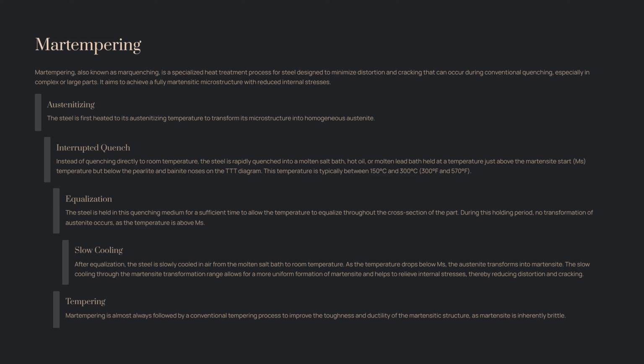Process: austenitizing, interrupted quench to a temperature just above Ms, equalization, slow cooling to room temperature, followed by tempering. Microstructure: martensite. Advantages: reduced distortion, improved dimensional stability, suitable for complex parts.